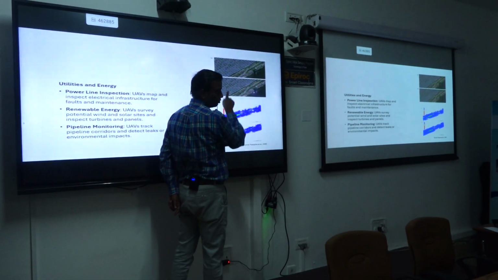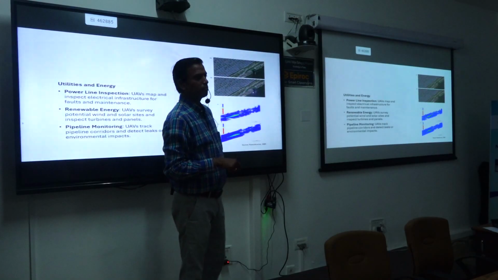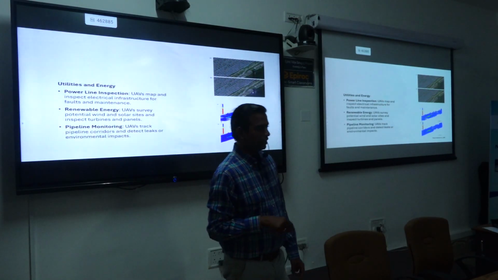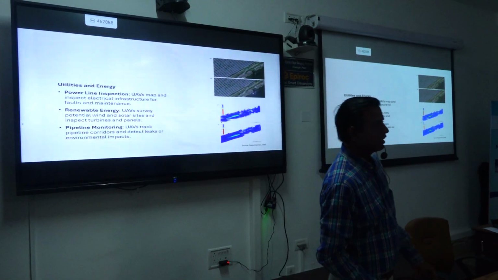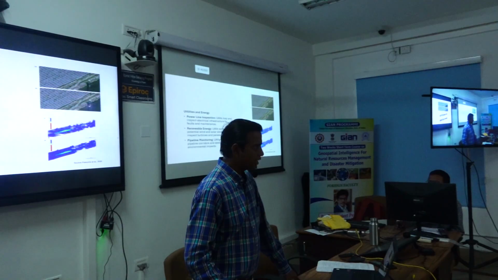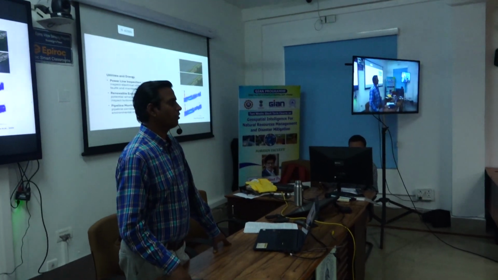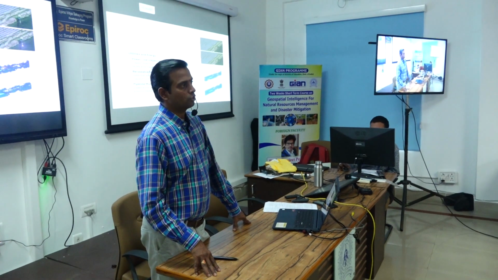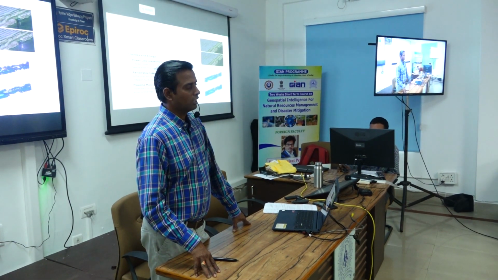Okay. Now the power supply department also acquires these UAVs to identify which line is oversupplied, overpowered, which line is damaged, which line is not giving power, and all such things are also applications of UAV in electrical controls.